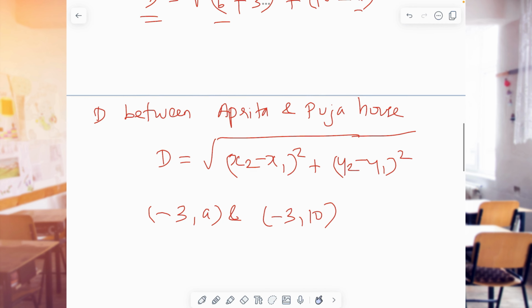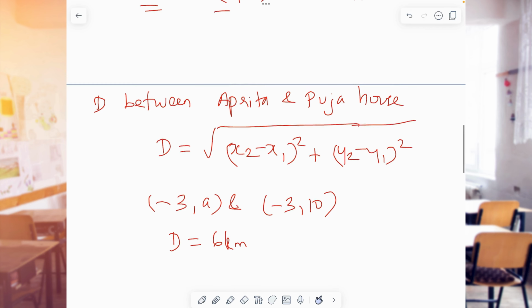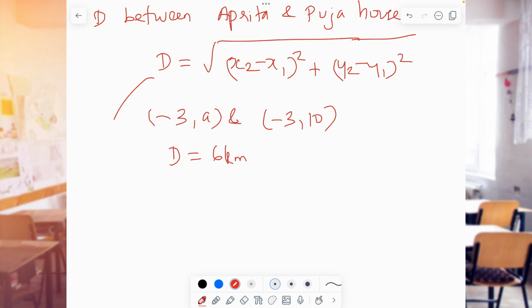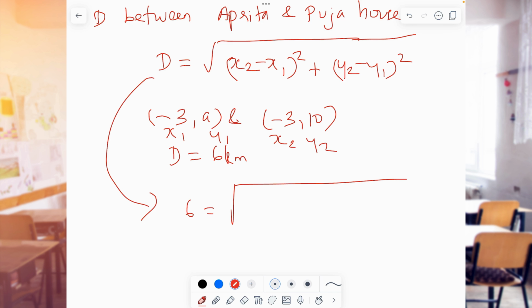Alright, and distance also they have given us between Aprita and Pooja house. The distance they have given us 6 kilometer. D is equal to 6 kilometer. So with the known values from the question, we are going to substitute now. So substituting in the formula in the place of D, write 6, square root of, so here x1 y1 x2 y2, so x2 minus of x1, that is minus into minus plus, therefore plus 3 the whole square, plus y2 minus y1, 10 minus a the whole square.